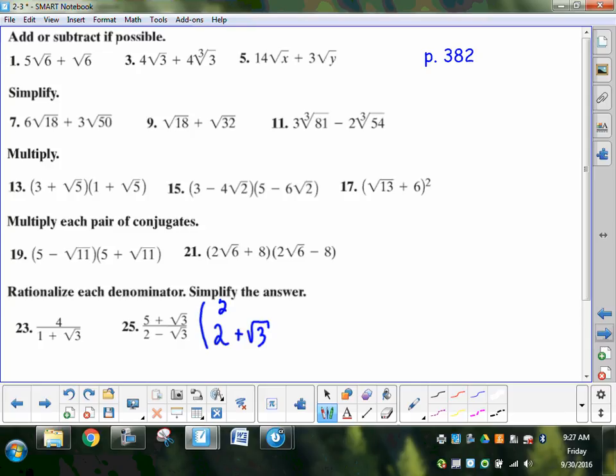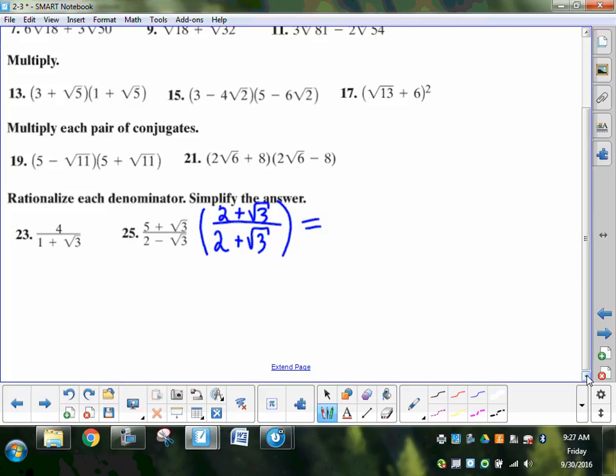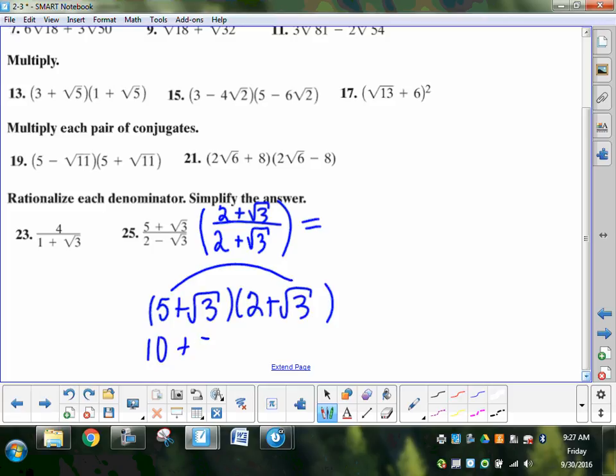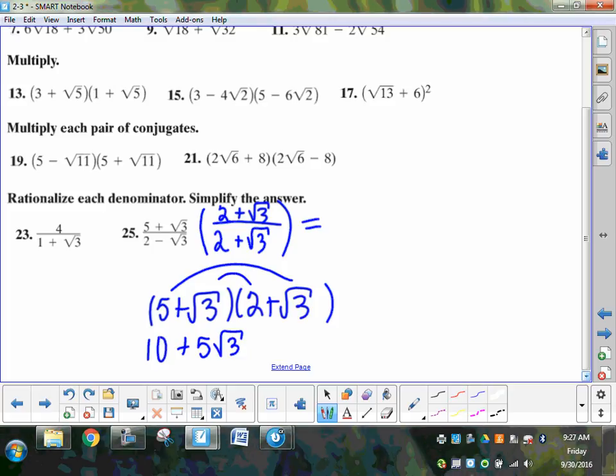So, when I multiply this out, I'm going to handle both sets of this separately. So I have to take 5 plus root 3 and 2 plus root 3. Let's FOIL those. First terms will give me 10. The outside terms give me. Inside terms give me. Last terms give me.